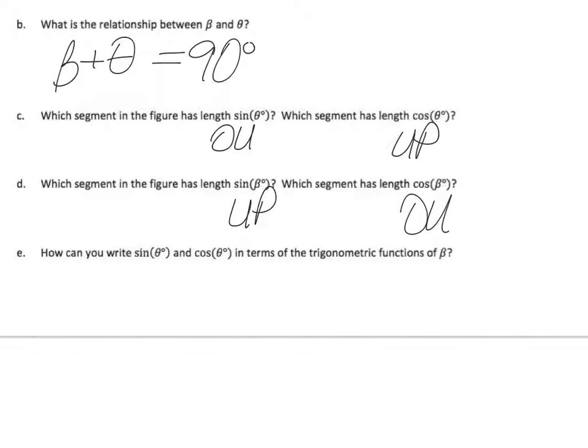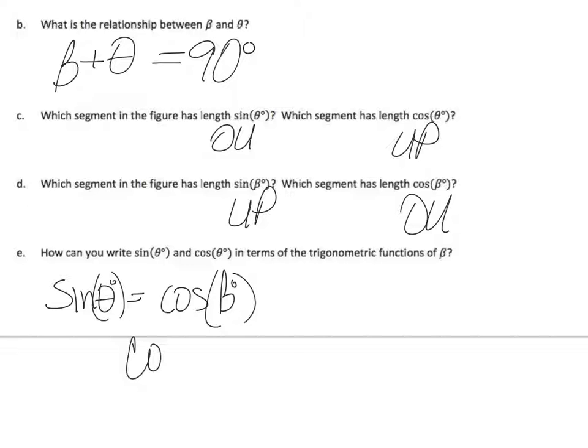OU is cosine beta. And how can you write sine theta and cosine theta in terms of trigonometric functions? Cosine theta equals sine beta. There you go.